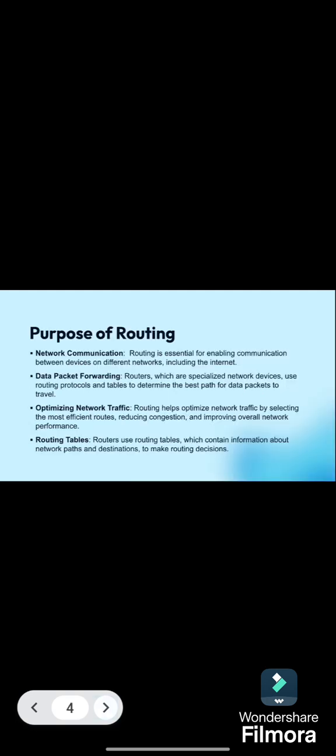So the purpose of routing is network communication, data packet forwarding, and optimizing network traffic. Routers use routing tables, which contain information about network paths and destinations, to make routing decisions. Now we'll see the difference between static and dynamic routing.